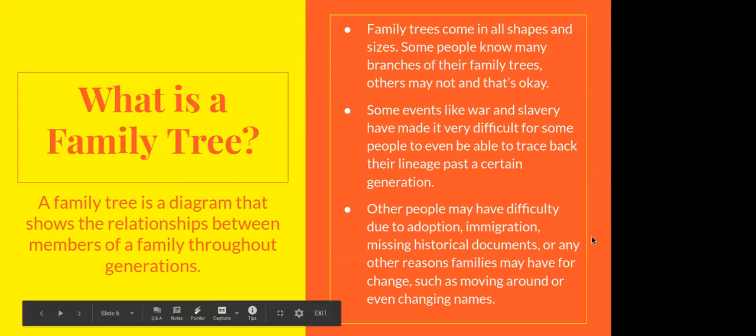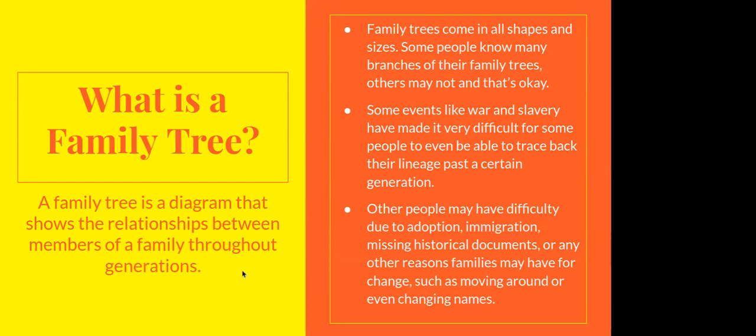And if we remember, the story that we're going to read is set in the 1700s in Africa. So that might be a key thing here that we want to look for. Other people may have difficulty due to adoption, immigration, missing historical documents, or any other reasons families may have for change, such as moving around or even changing names.